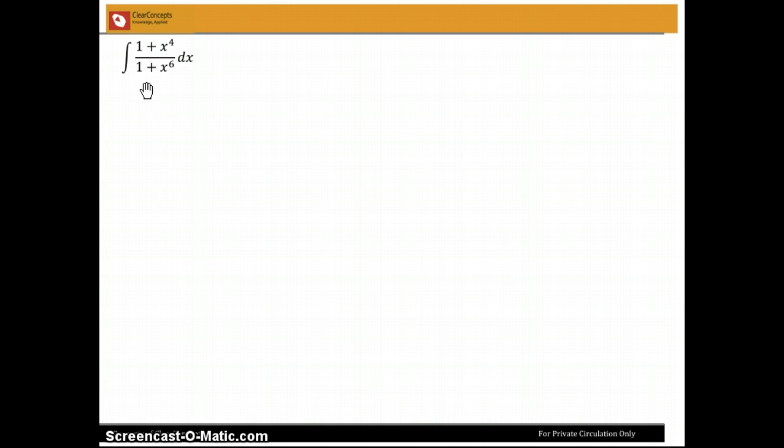You remember when we had factorized the denominator as a sum of cubes, we had a 1 plus x squared term there. This probably lets us know that we should be using x to the power 6 both as a cube term, that is x squared whole cube, as well as a squared term, that is x cubed whole square. So let us do that and see what we are going to get.